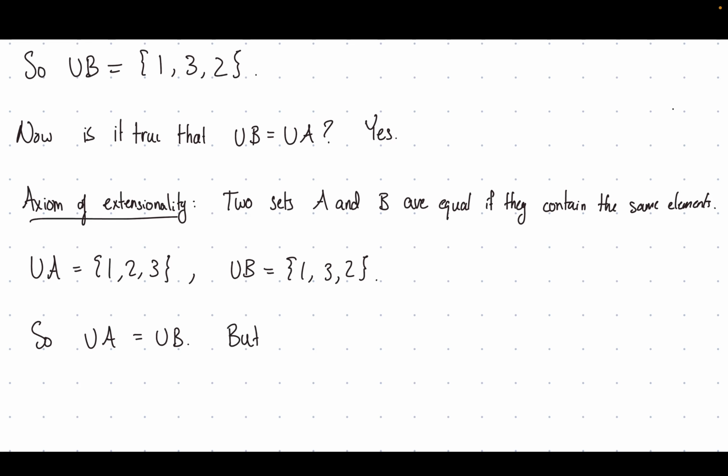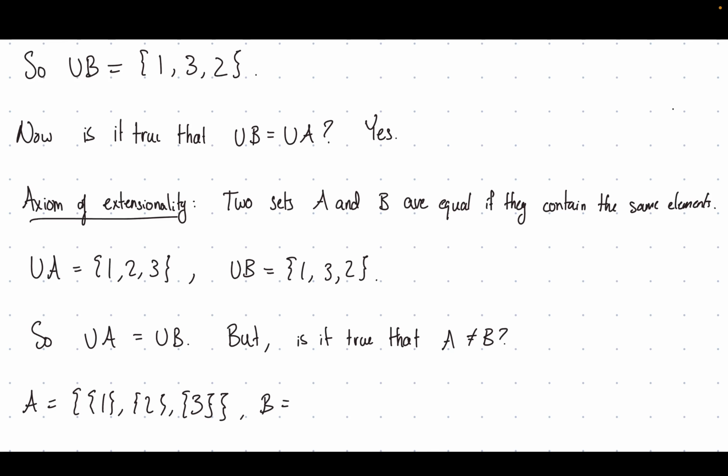But is it true that A is different from B? Well, you'll find that A is the set containing {1}, {2}, {3}. B is equal to the set containing {1, 3}, and {2}.